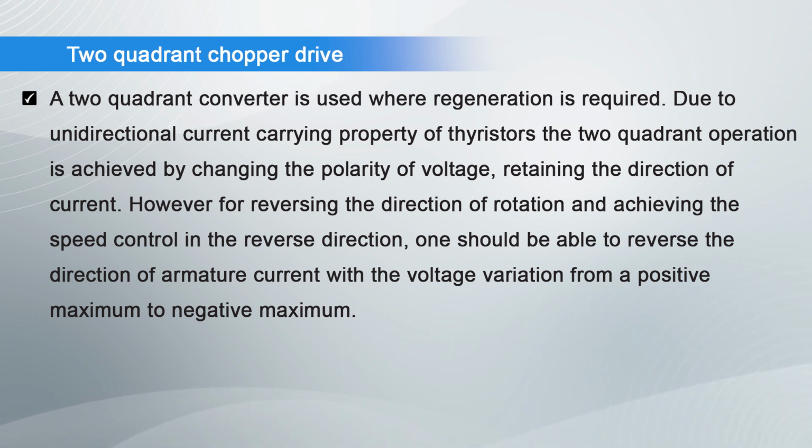However, for reversing the direction of rotation and achieving speed control in the reverse direction, one should be able to reverse the direction of armature current with voltage variation from a positive maximum to a negative maximum.